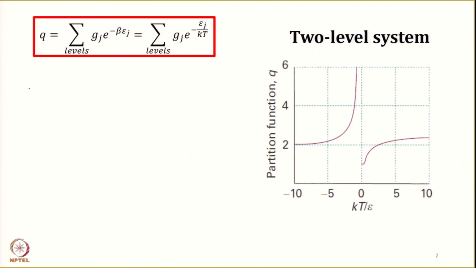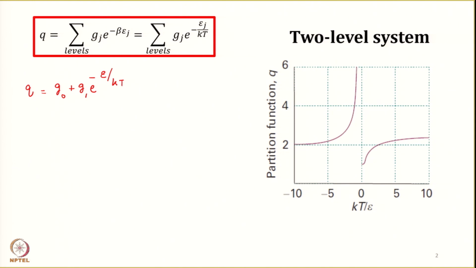In a two-level system, we discussed that if the population of the upper level exceeds that of the lower level, then the temperature will be negative. Now let us see how it affects the partition function. Partition function Q will be equal to g0 plus g1 exponential minus E upon kT for a two-level system.